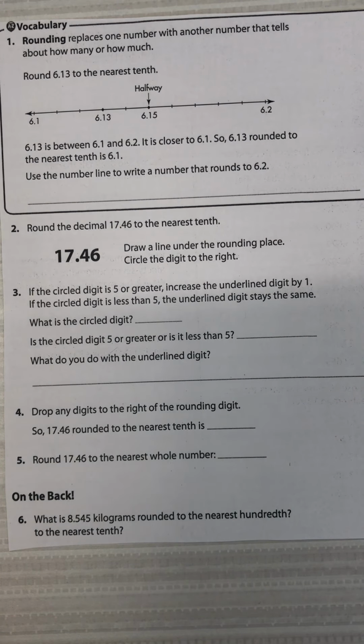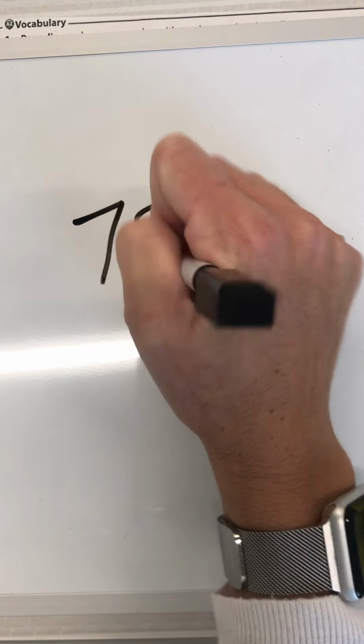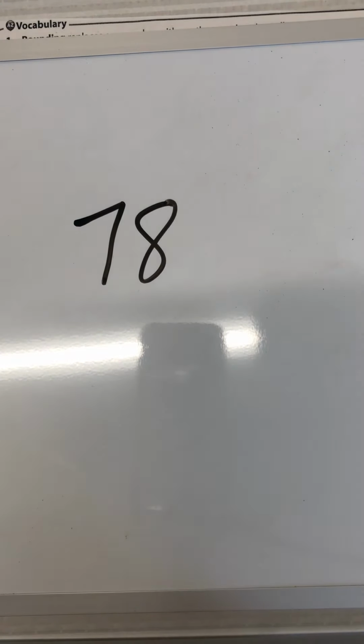So for instance, I'm going to use my whiteboard for a second, and you could certainly take out yours as well. If I wrote the number, let's do 78, okay? And I have $78. Well, if I was going shopping and something cost $78 that I wanted to buy or purchase, I wouldn't just bring $78.